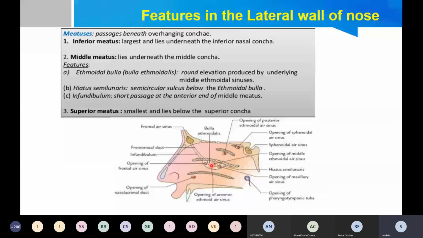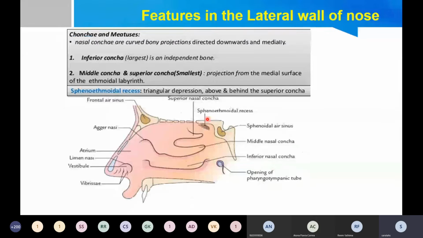Superior meatus, middle meatus, and inferior meatus. Above the superior concha, in the previous picture, there is one small area, a prolongation of the space or the mucosa, called the sphenoethmoidal recess. Please remember that, sphenoethmoidal recess.